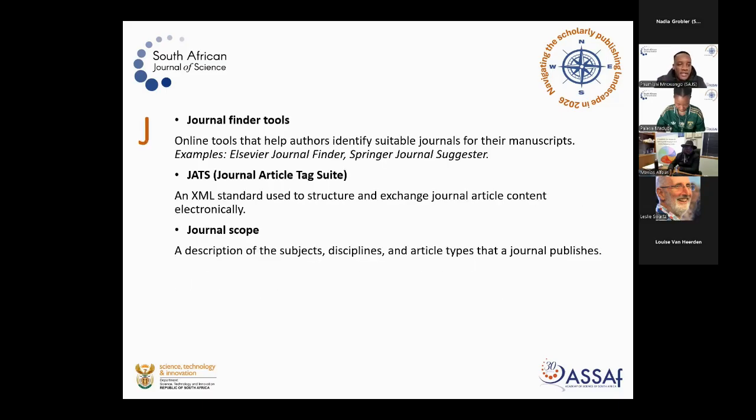Journal finder tools are online tools that help authors identify suitable journals for their manuscripts. For example, Elsevier Journal Finder, Nature Journal Suggester, and other examples would be Trinka's Journal Finder and Jane, which is a journal or author name estimator.